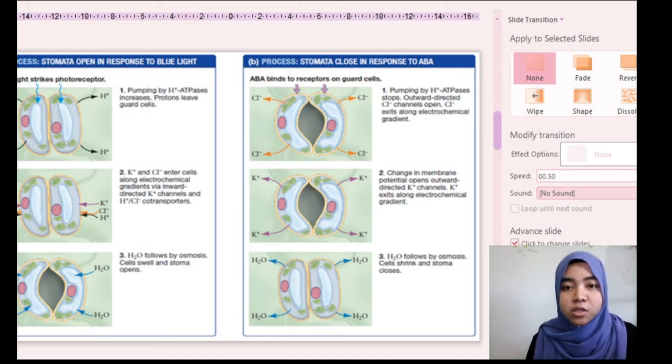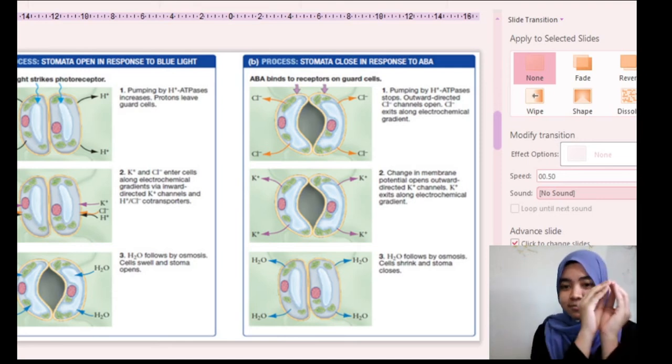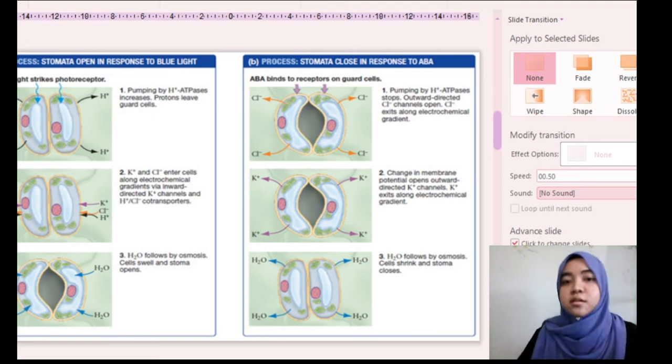And for the stoma close, it will start with the open stoma. The next step is that there will also be a change in membrane potential, opening the outward-directed potassium channel. So potassium ion also exits along the electrochemical gradient.